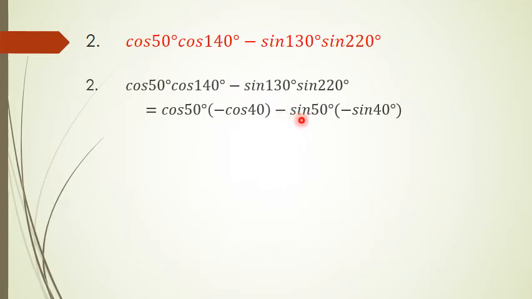So that reduces to sine 50 degrees, which is 180 minus 130. Then sine 220. 220 is in the third quadrant. In the third quadrant, sine is negative. And subtracting 180 from 220, that reduces to sine 40 degrees.